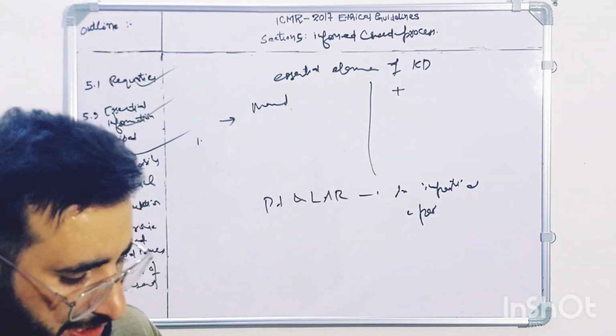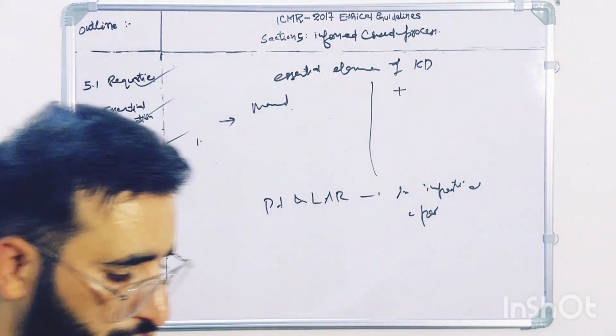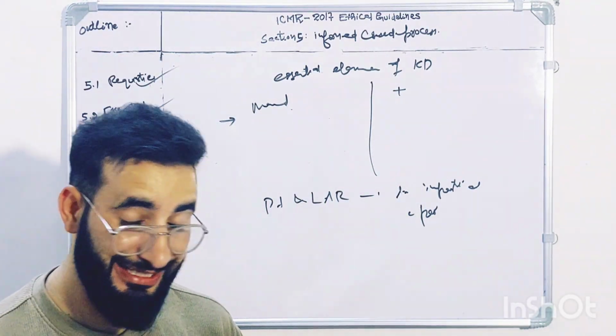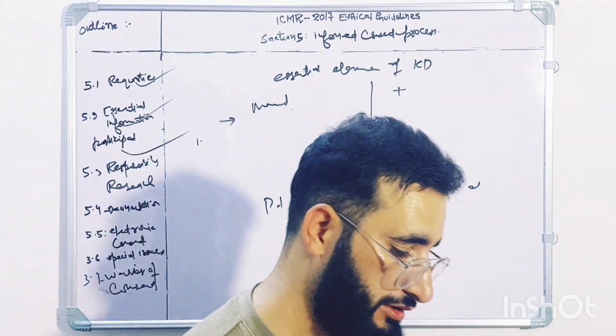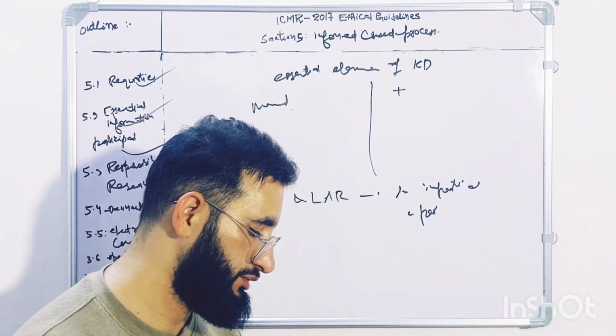If the participant will participate but is not willing to sign or give a thumb impression, or cannot do so, then verbal consent approved by the ethics committee is used, in the presence of an impartial witness who should sign and date the consent. So this is the second thing.